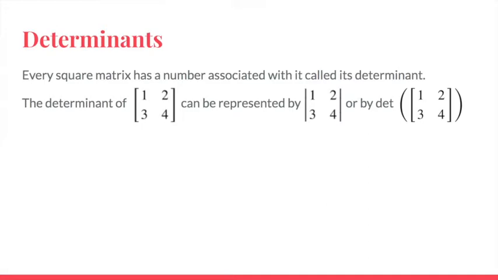Or less often, sometimes you'll see it as DET and then parentheses with a matrix inside of it. Either one means determinant. You have to be kind of careful because there's not a lot of difference between that first matrix with the square brackets and the second one that just has the vertical bars. So pay close attention. The vertical bars mean determinant.